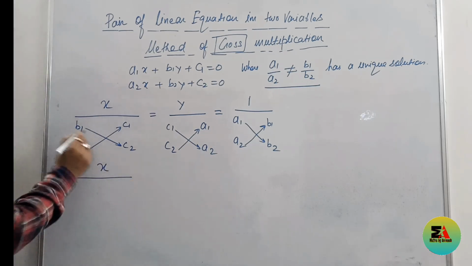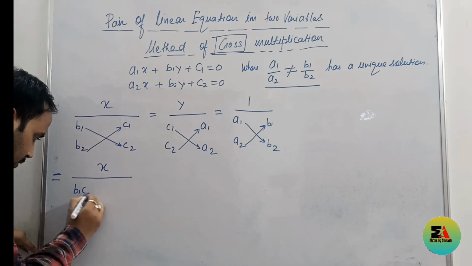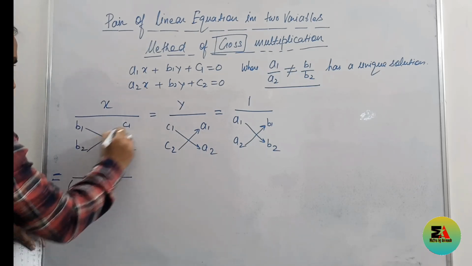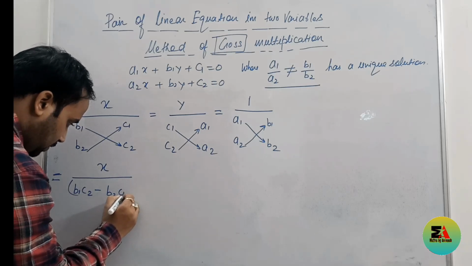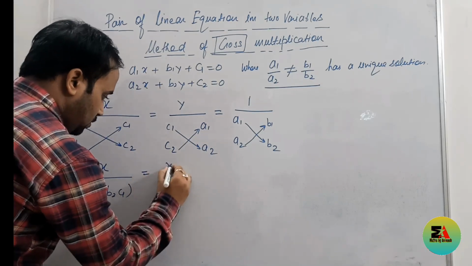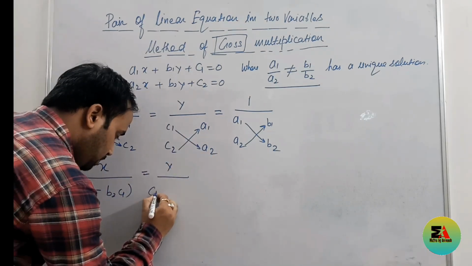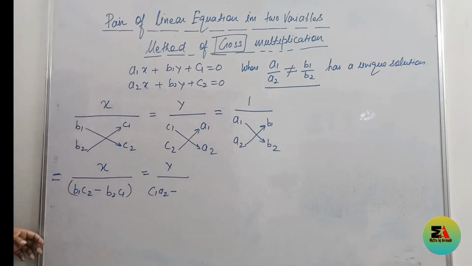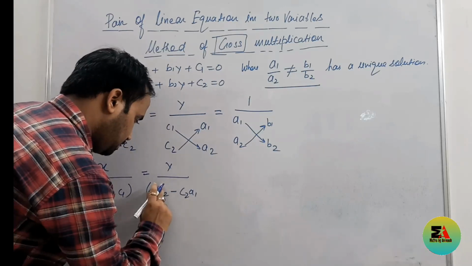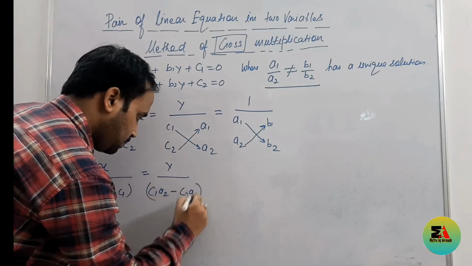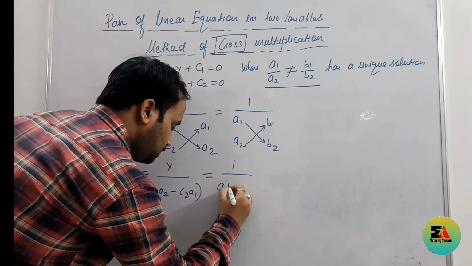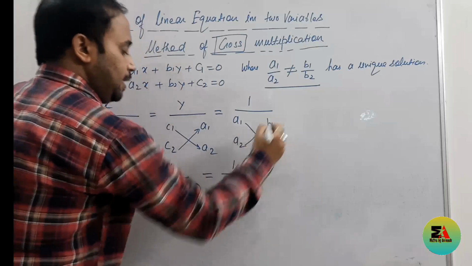x equals b1c2 minus b2c1. Clear? Now y will be c1a2 minus c2a1, is equal to 1 by a1b2 minus a2b1.